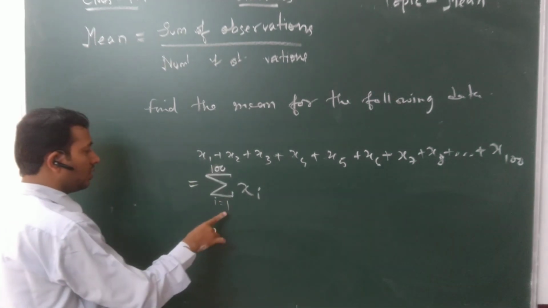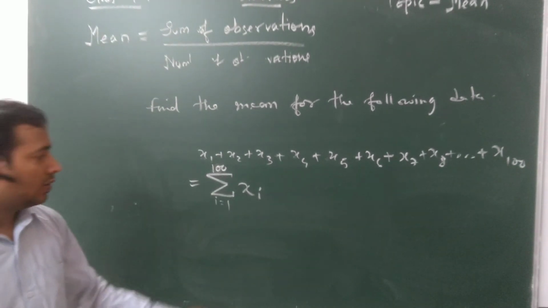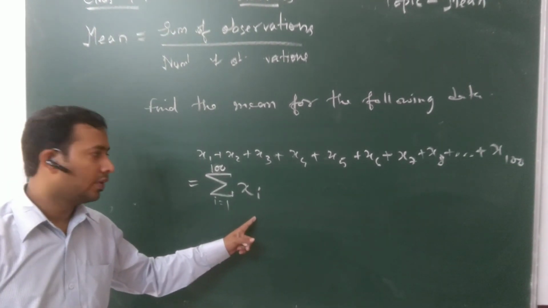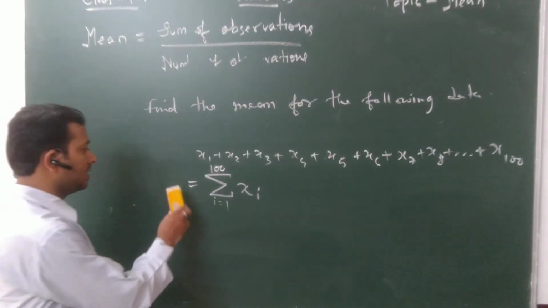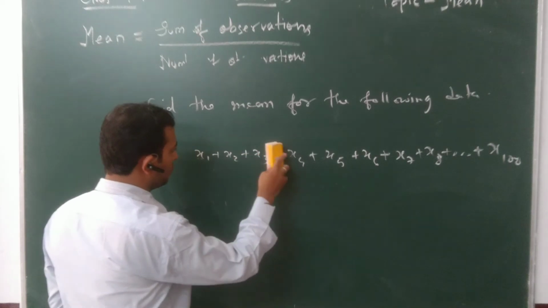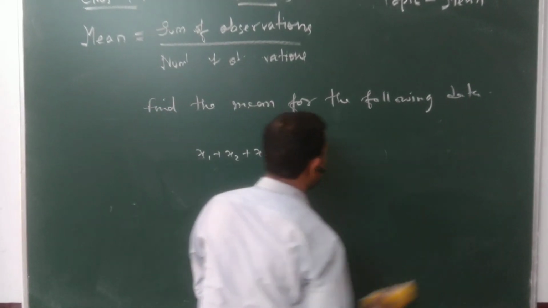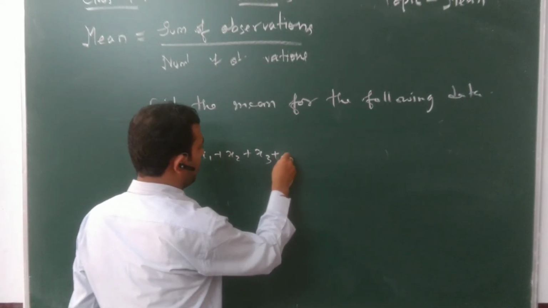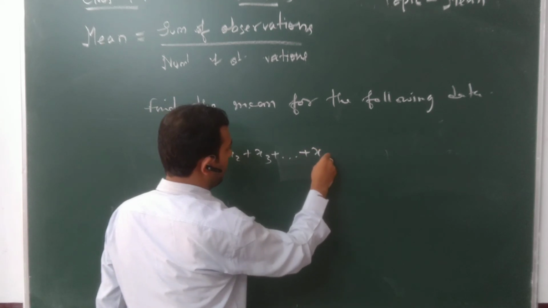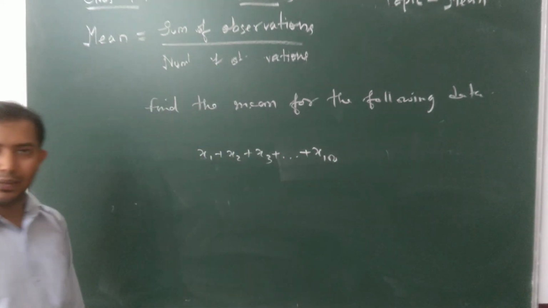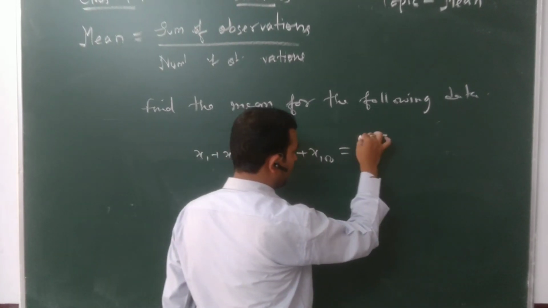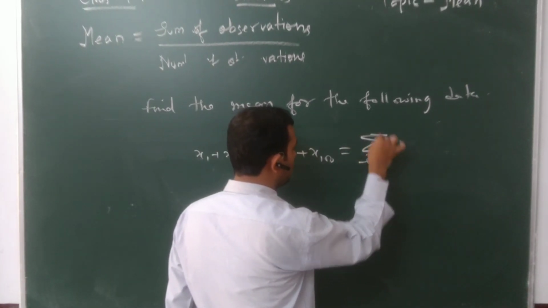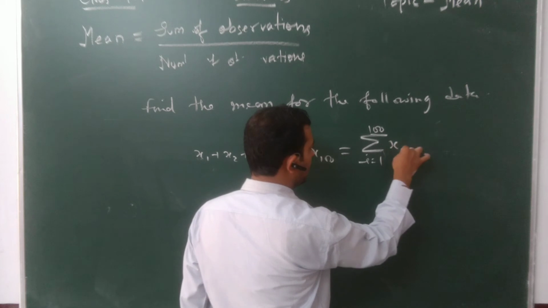We'll get summation 1 to 100 of xi. This is the presentation. We also have one more way for this: simply write x1, x2, x3, and then dots up to x100. Or this is another way: summation i equals 1 to 100 of xi.